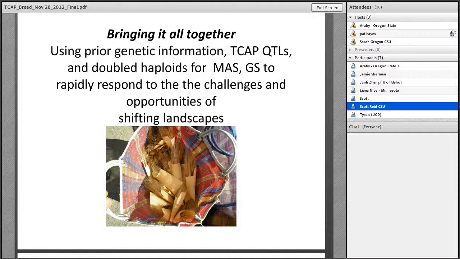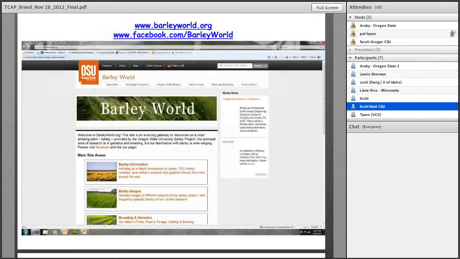And we can select the parents for the crosses in a breeding cycle based on the alleles that they carry for these regions of interest.